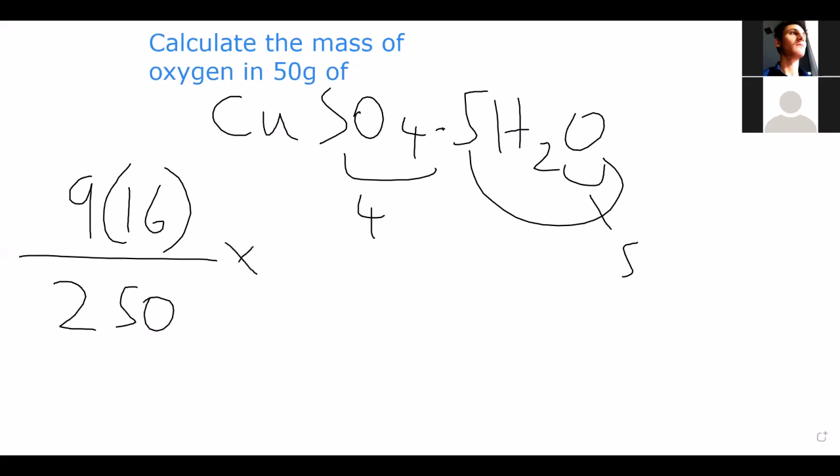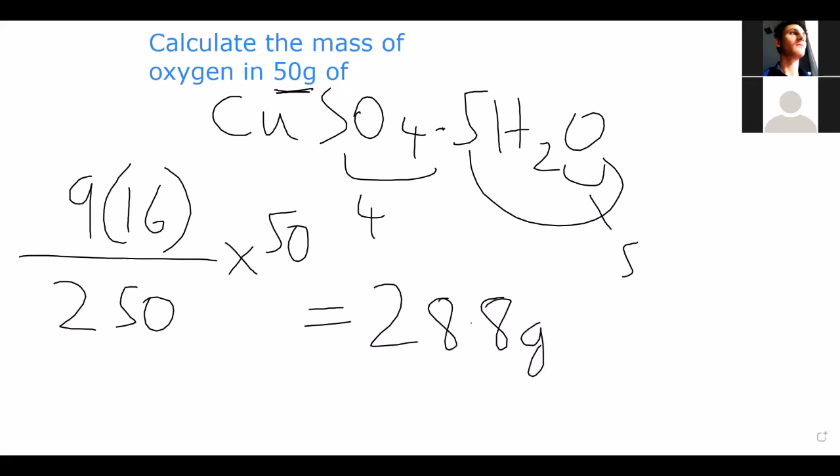Now the given mass of the compound is 50 gram. So we'll multiply this by 50 and the answer will be 28.8 gram. So in 50 gram of copper sulfate crystals, there are 28.8 gram of oxygen atoms.